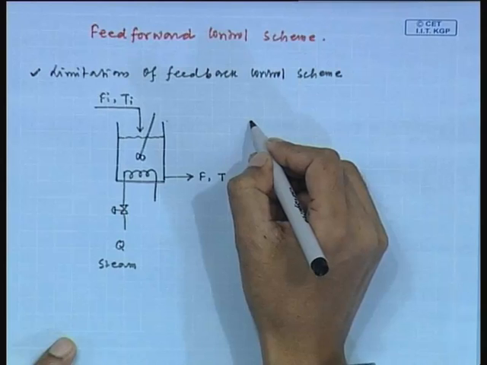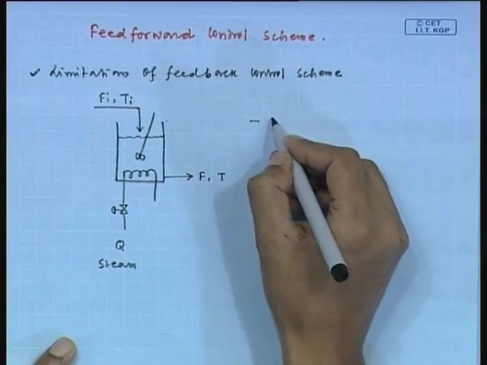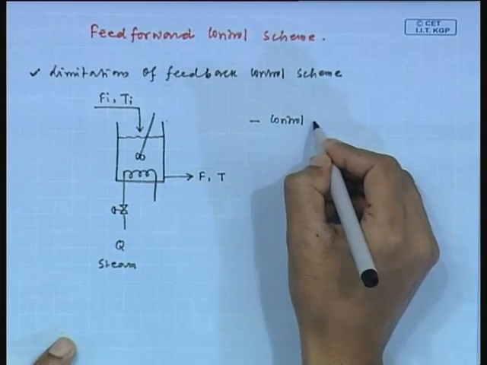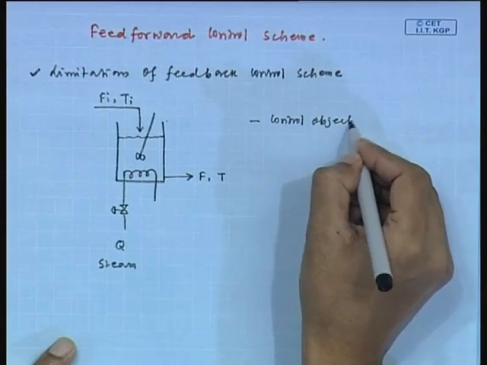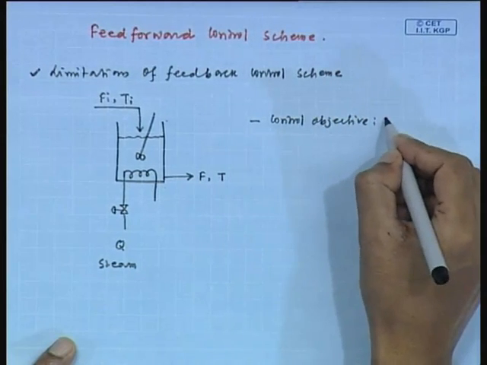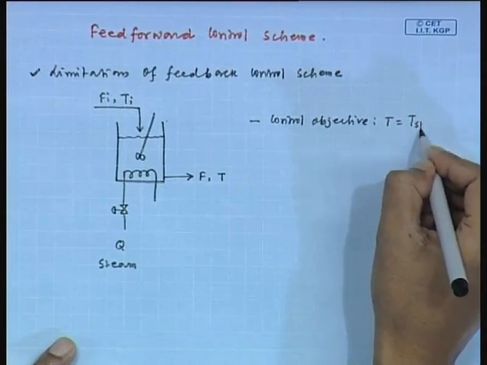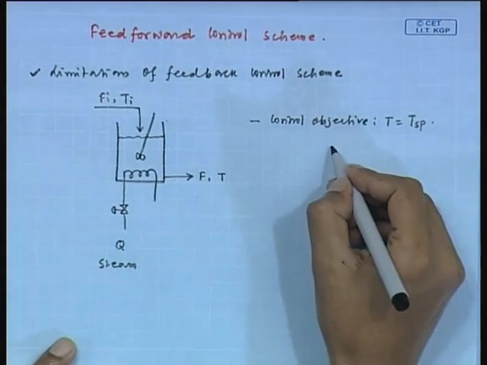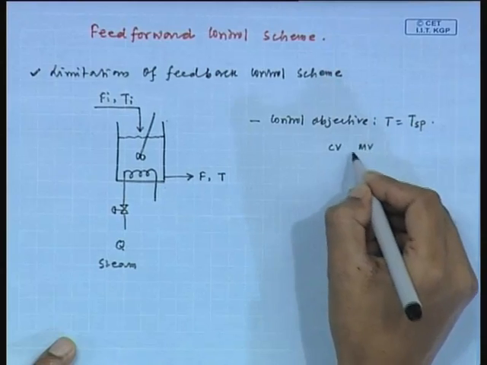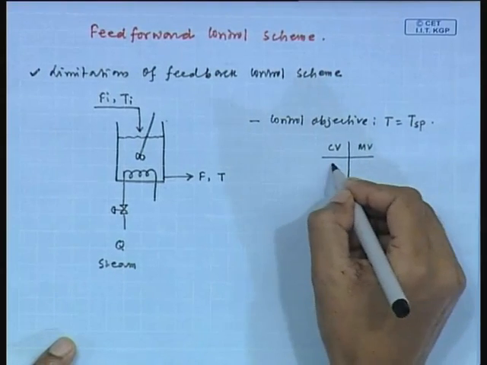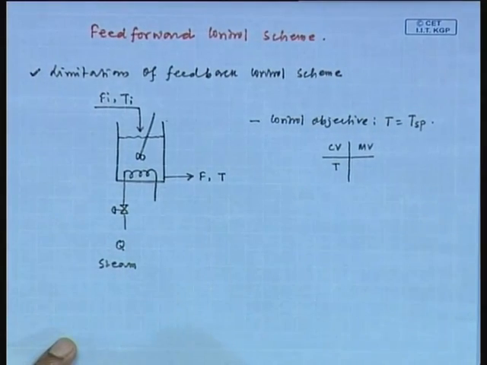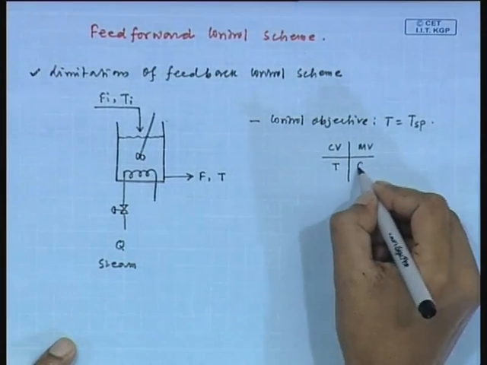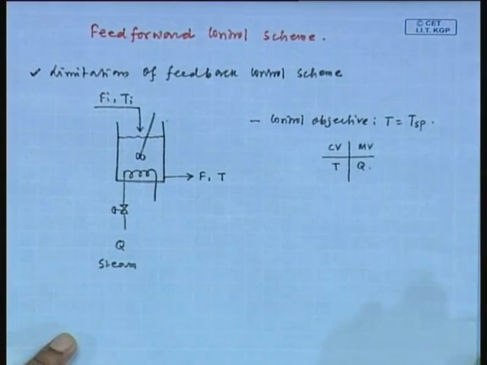So, what is the control objective? Control objective is to maintain temperature at its set point value. So, we can say that temperature is the controlled variable and corresponding manipulated variable is steam flow rate, that is Q. Fine.